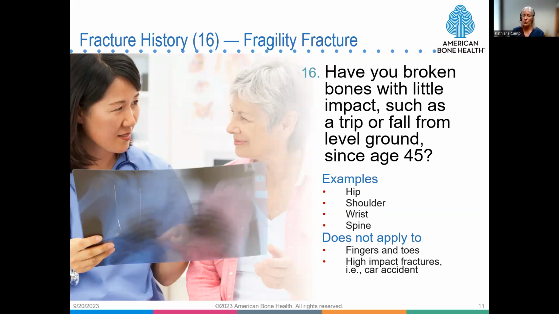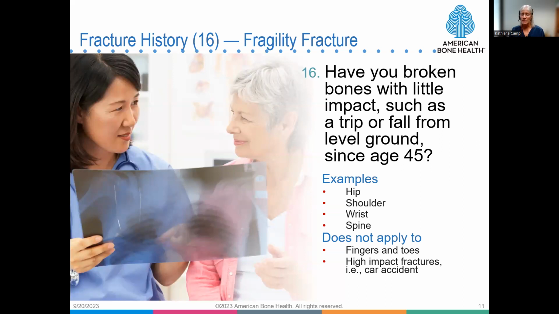We fracture for a reason. Sometimes that reason is related to the quality of the underlying bones. Any fall from a standing height or less that results in a fracture may be a warning sign of osteoporosis. Fracture can be a sign of underlying fragility, called a fragility fracture, which can indicate osteoporosis.